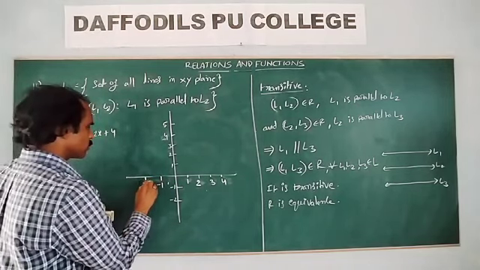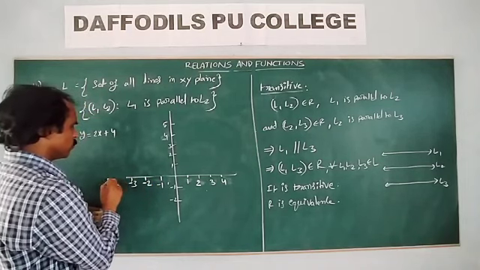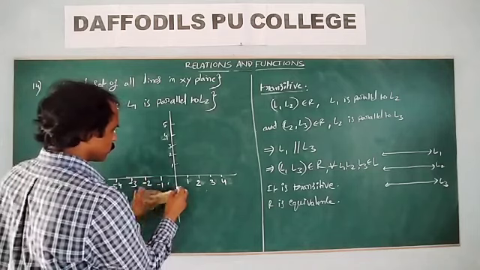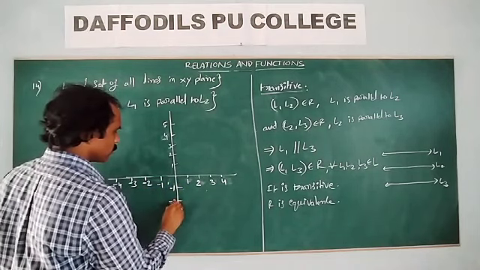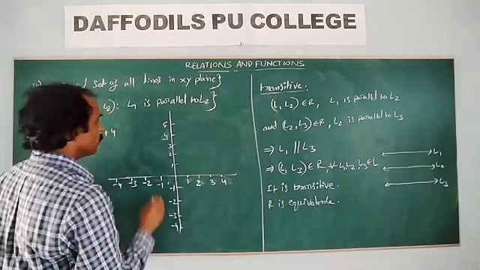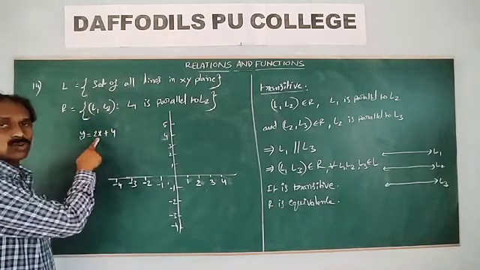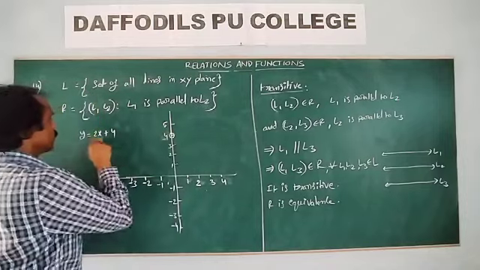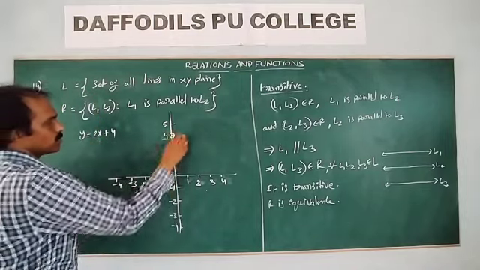Okay, put x is equal to 0, what is the y value? 4. Put x is equal to 1, 6.